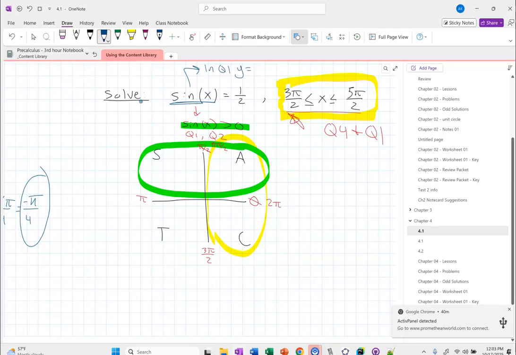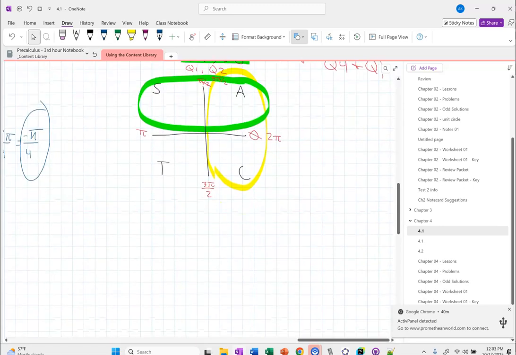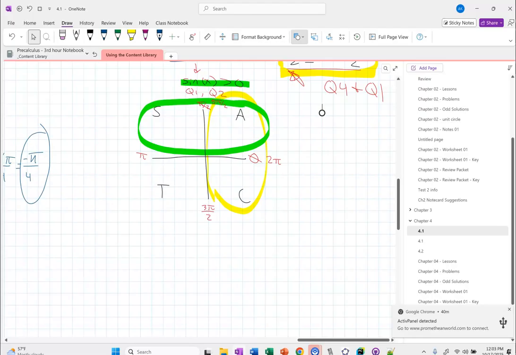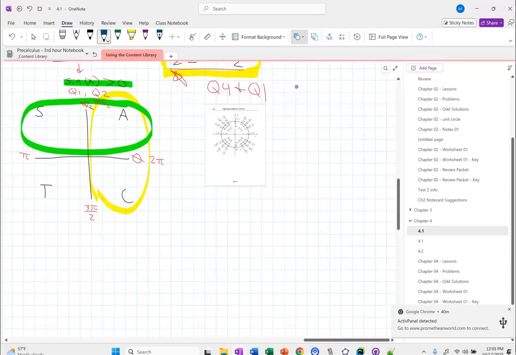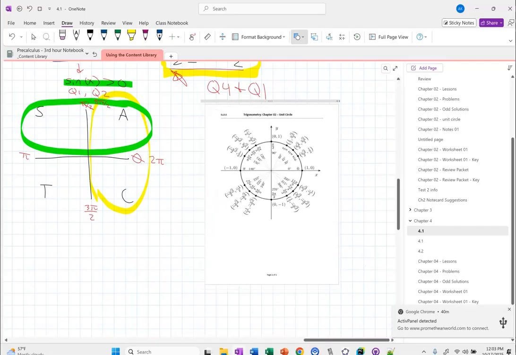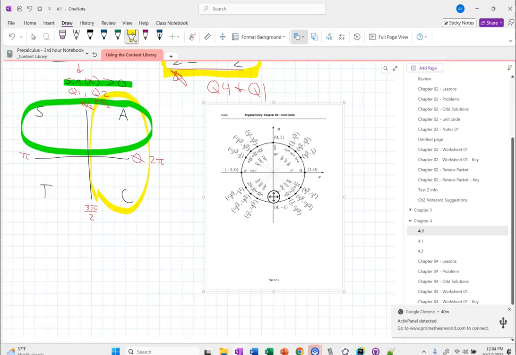I'm looking for where y, because it's sine, is equal to 1/2. So if I drop in this, that's my answer. Or that's the angle I need, right?